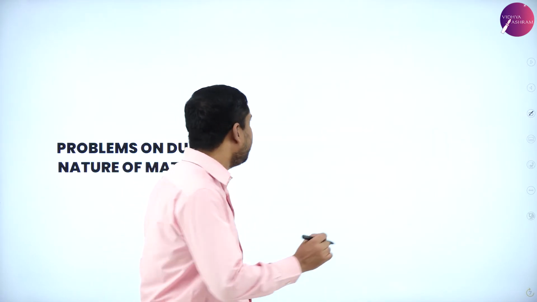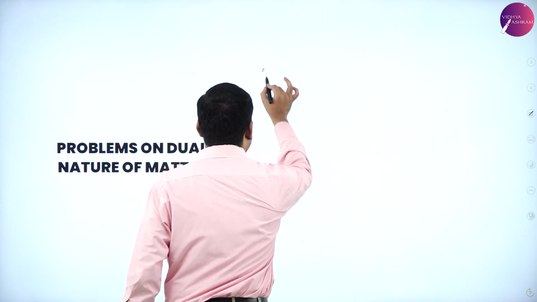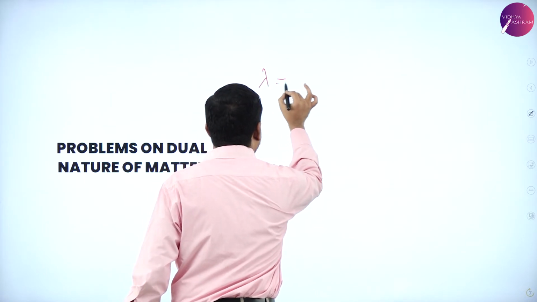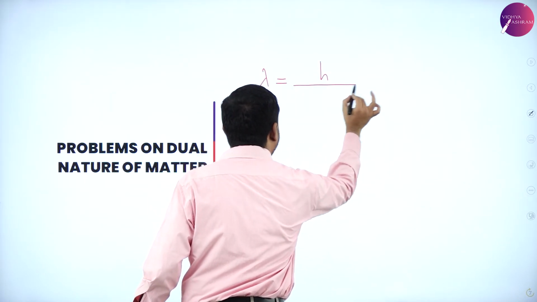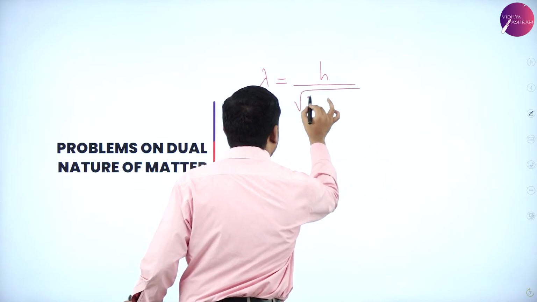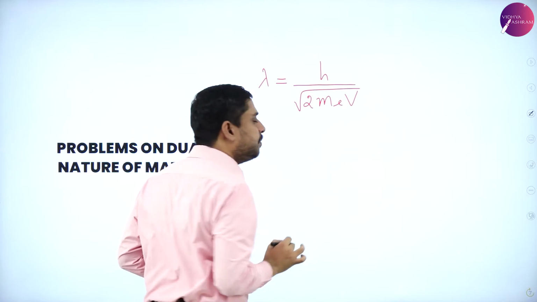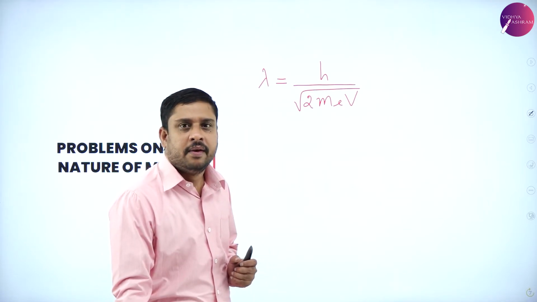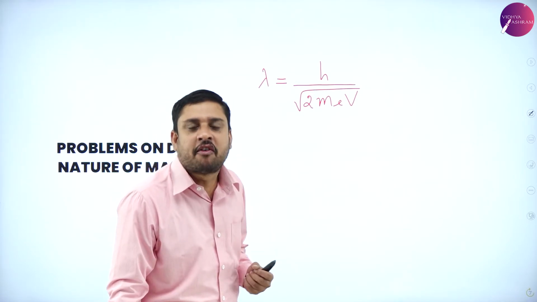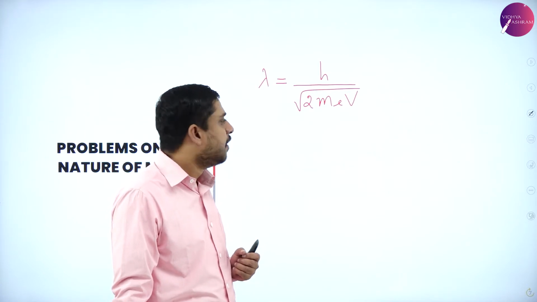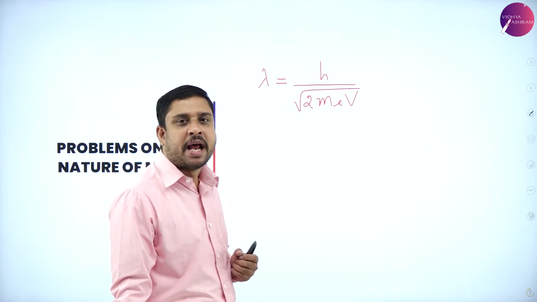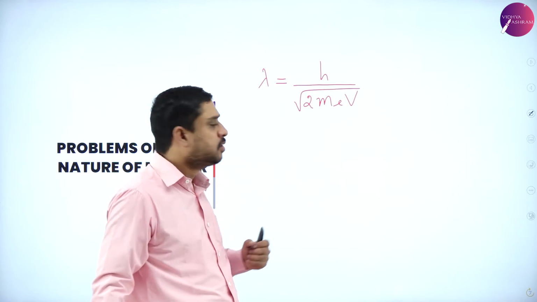So very clearly we know lambda is h divided by root 2meV, where e is the charge of the particle, V is the applied potential.